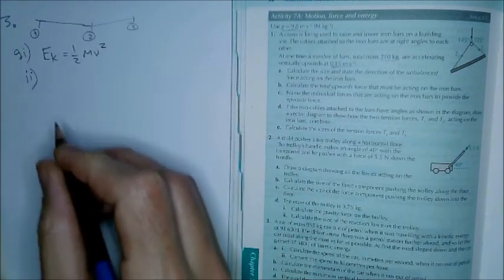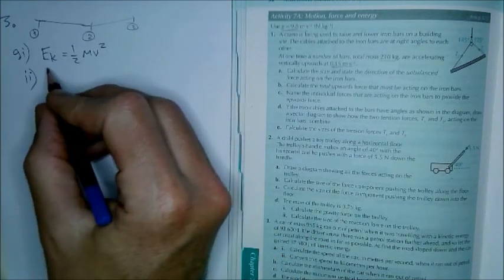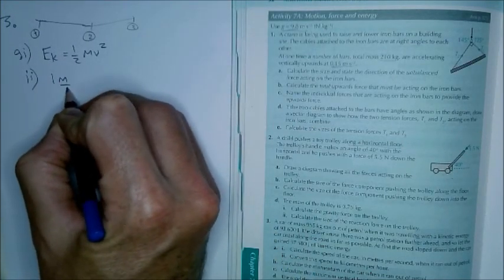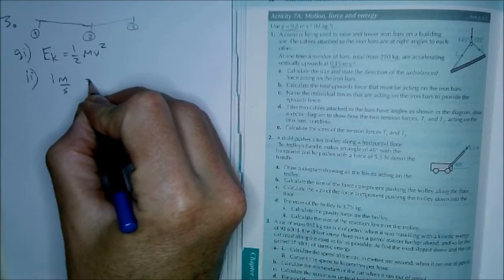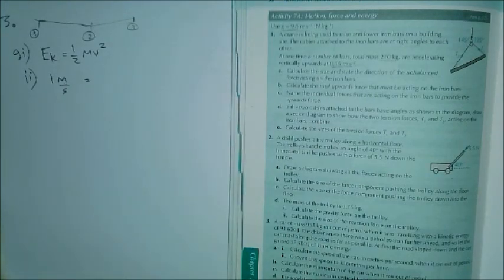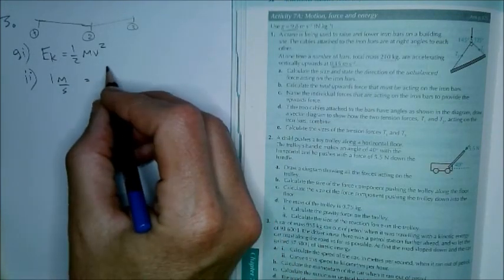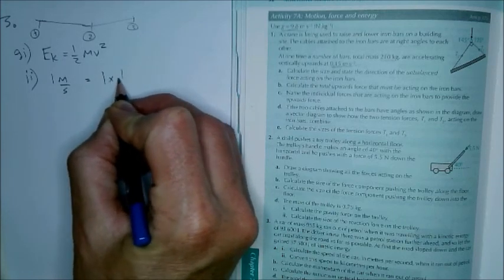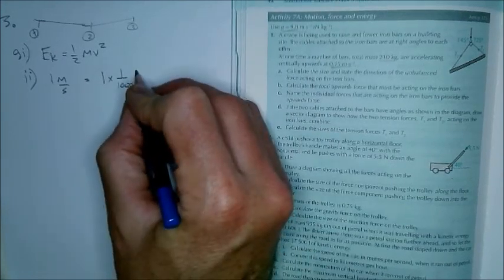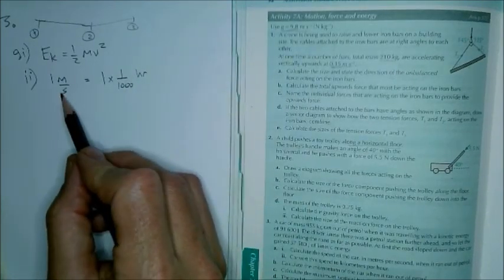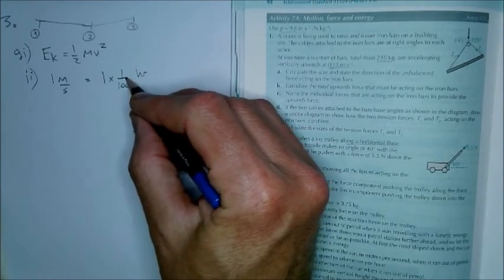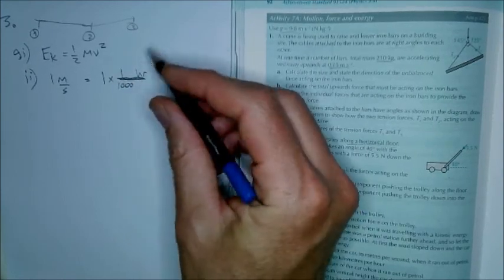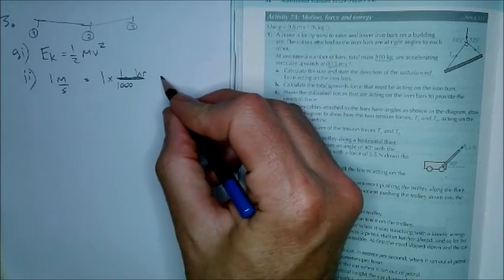So if we have a speed, let's just call it 1 meter per second for now, and we want to convert it into kilometers per hour. So 1 meter per second equals, and how many meters in a kilometer?